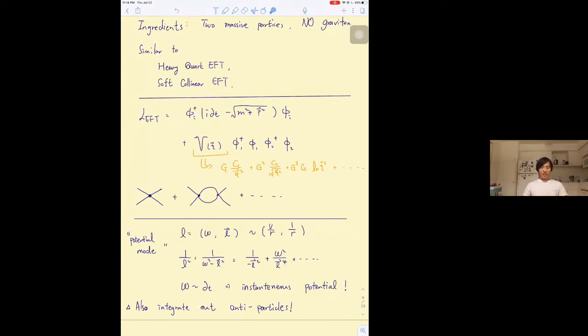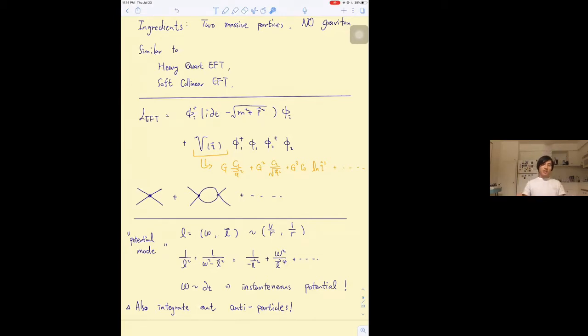On the other hand, the massive particles are perfectly on shell, because the black holes that we can measure that exist there are on shell. So what we actually want to integrate out here is the anti-particles, the anti-black hole. You can see that from this effective theory setup. Normally for relativistic field theory, the kinetic term is quadratic in time, but here it's only linear in the time derivative.